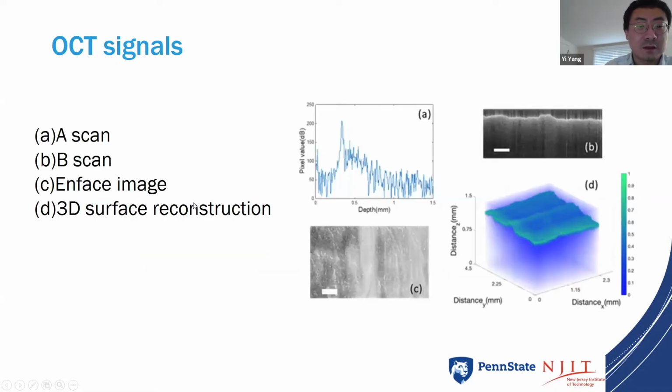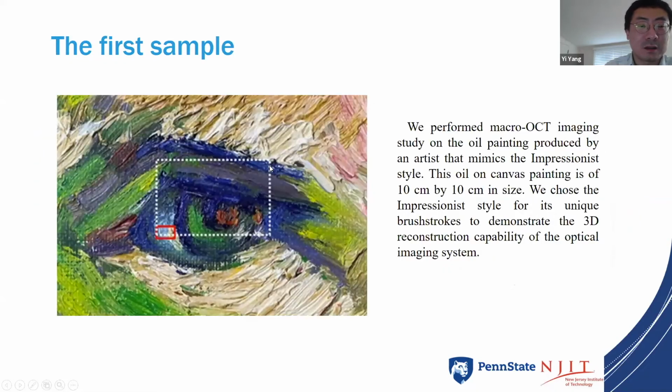If you look at this original painting, the white dot here is an area we want to capture. Basically, we have to use the OCT to capture multiple areas encircled with a red triangle, and then digitally stitch them together. But here's the problem.